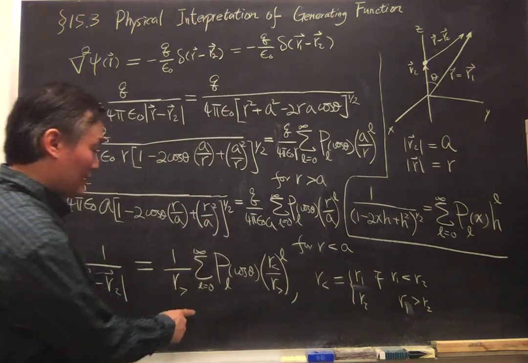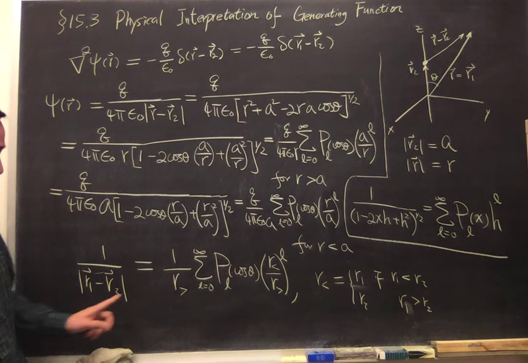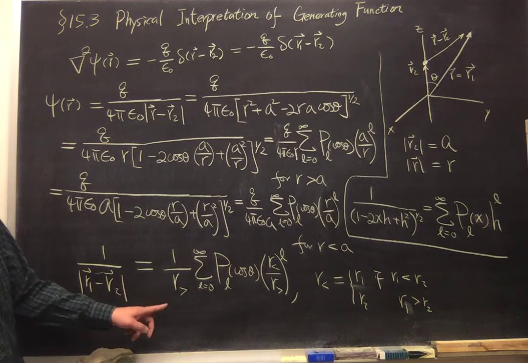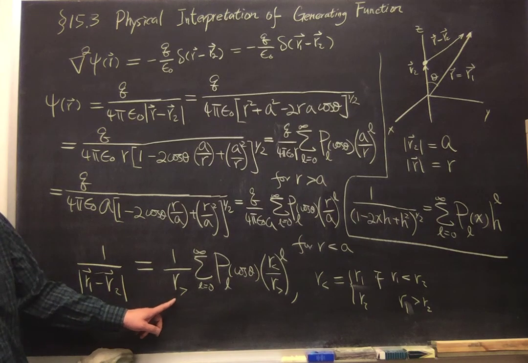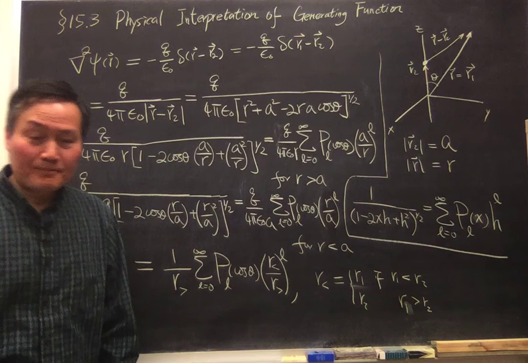So this would be a useful form for the expansion of the Green function of a Poisson equation in 3 dimensions in terms of Legendre polynomials.